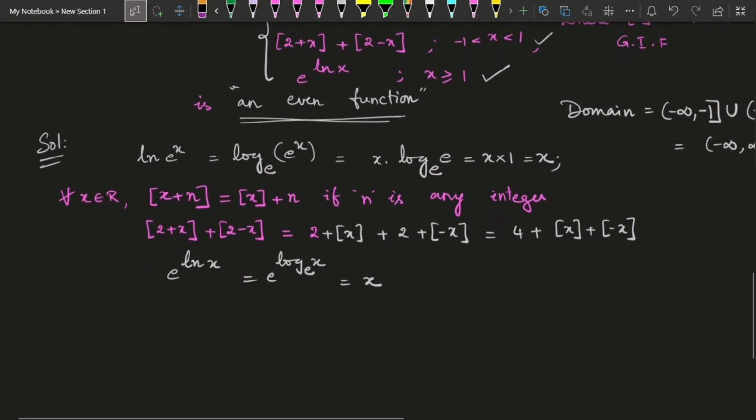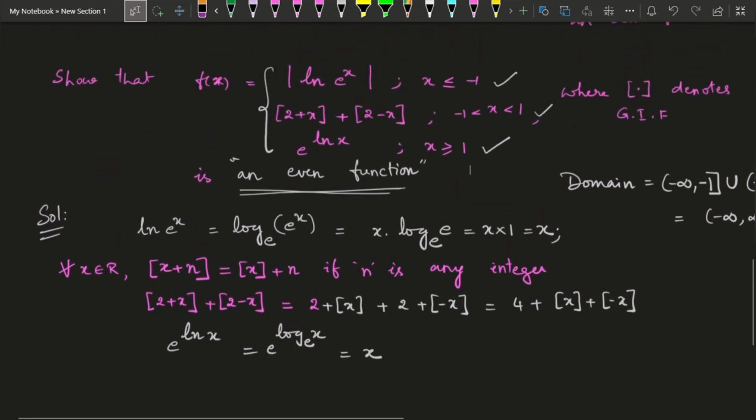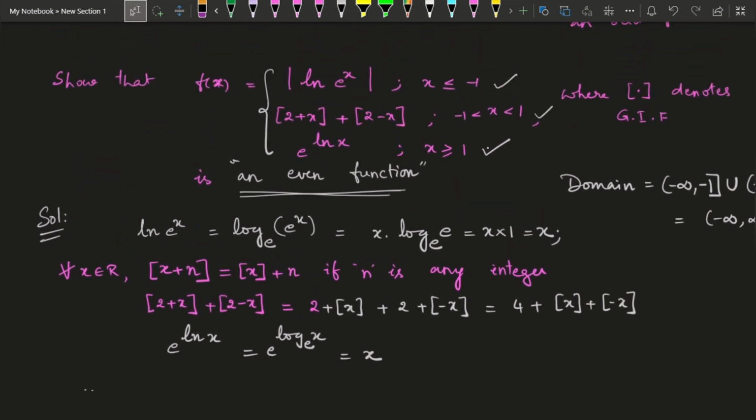Okay, now I am going to redefine the function for the same real values of x. Now f of x can be written as, what about the first function? The first function is mod of ln of e power x. So what is its value? x. Then obviously it is mod x. It is defined for all values of x which are less than or equal to minus 1. The values which are less than minus 1 are all negative.